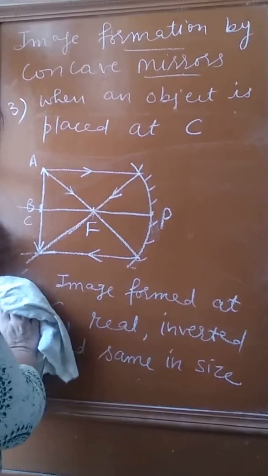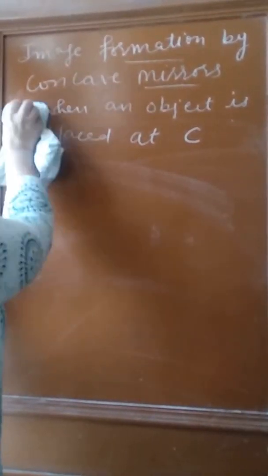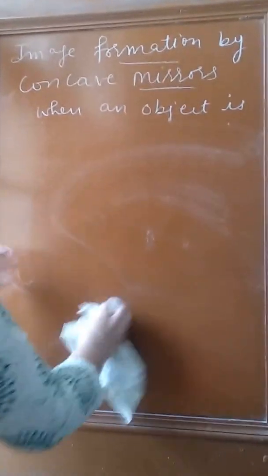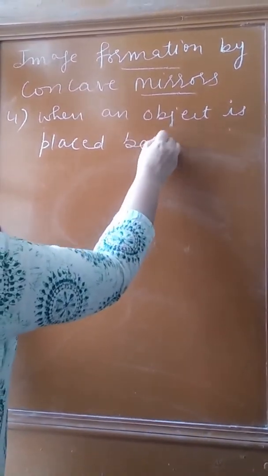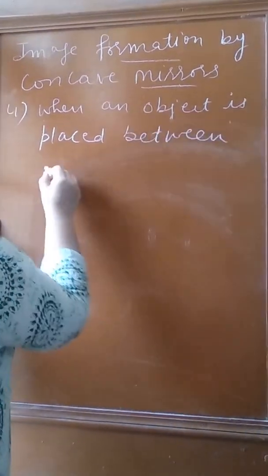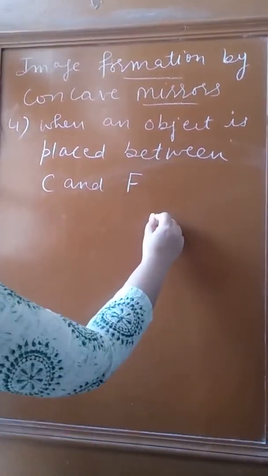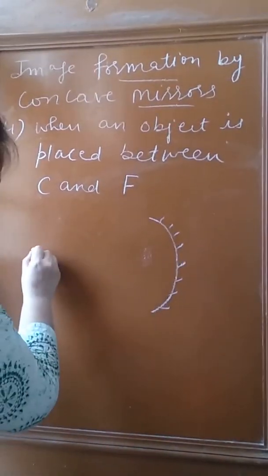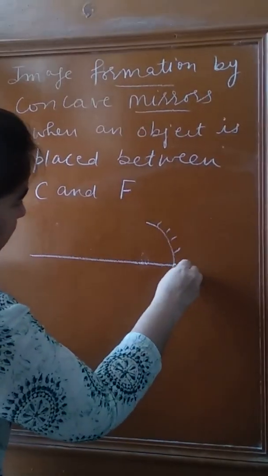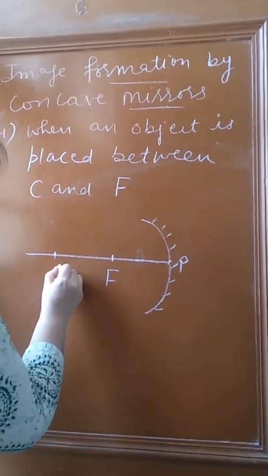Now in the fourth case, when an object is placed between C and F, between center of curvature and focus. Now draw a concave mirror, pole, focus, center of curvature.